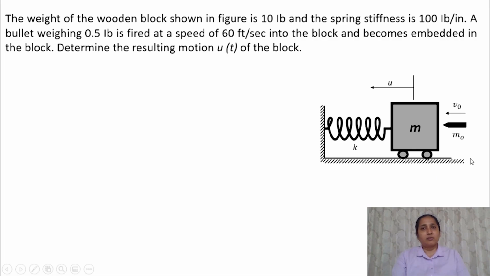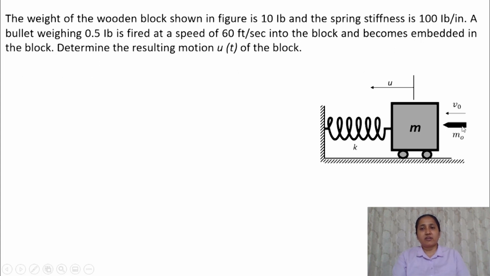So what happens when this bullet gets fired into this block? The bullet was traveling with some velocity and it has a mass. When it hits this wooden block, both the masses will move together with some new velocity.